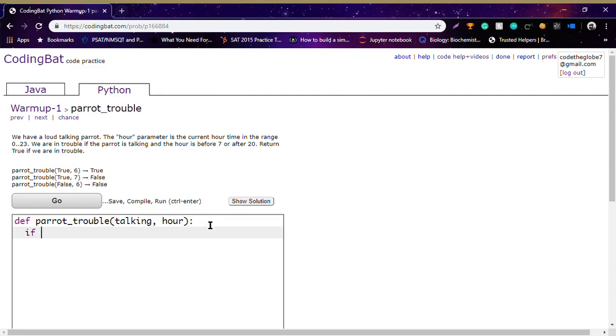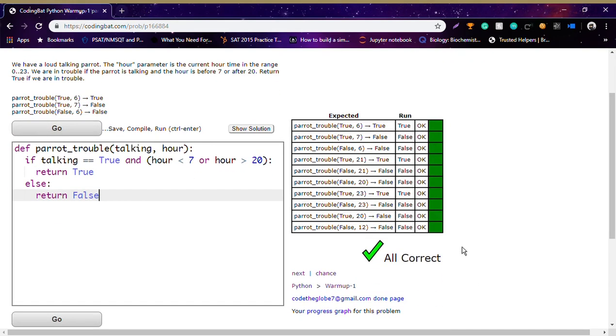So if talking is true and hour, let's just keep this in parentheses, noting that that's different from talking, and hour is less than 7 or hour is greater than 20, then we are in trouble. So we need to return true. Then anything else we return false, saying that we're not in trouble. Okay, we got them all right.